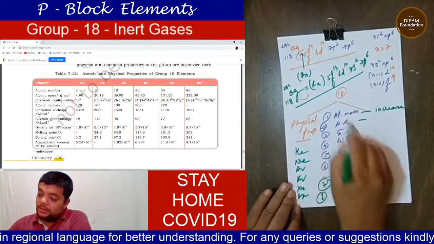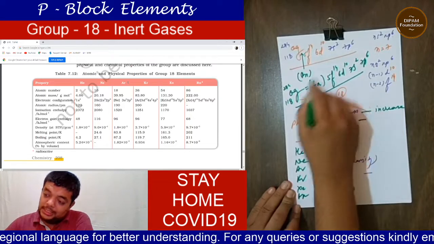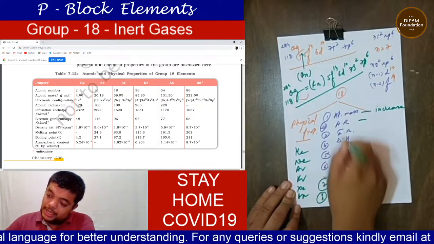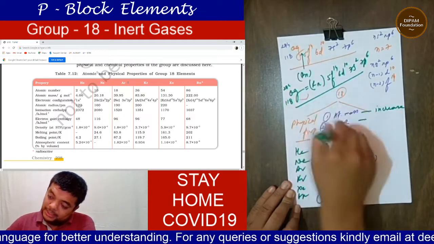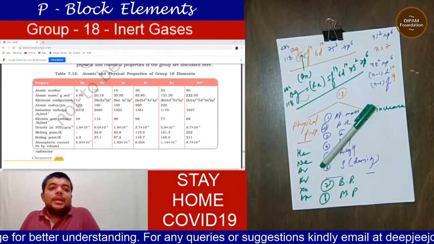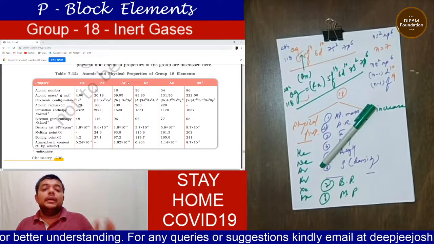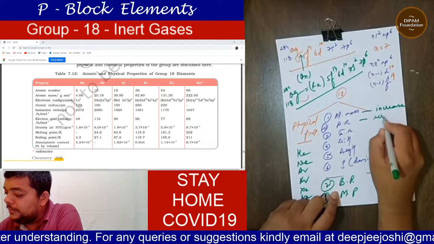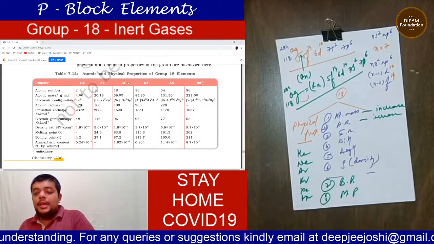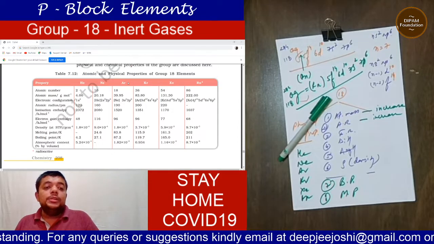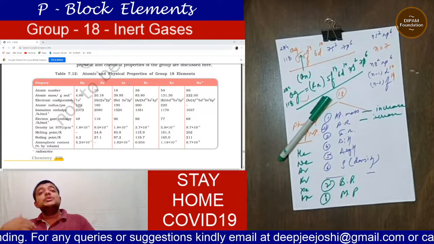And when you are moving away from the nucleus each time, the distance from the nucleus to the electrons in the outermost orbit keeps on increasing. And when this increases, we can very well say that the atomic radii have increased. So friends, atomic radii also increase as you go down group 18, that is from helium to neon to argon to krypton to xenon to radon.